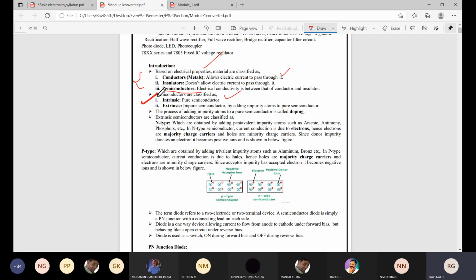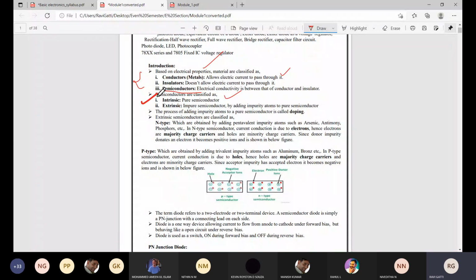If the temperature increases, the conductivity of such a material will increase. So we are not adding any other external entity to this material, and still it exhibits some conductivity, by increasing the temperature of the surrounding environment. Therefore such materials we call intrinsic semiconductors, also called pure semiconductors.